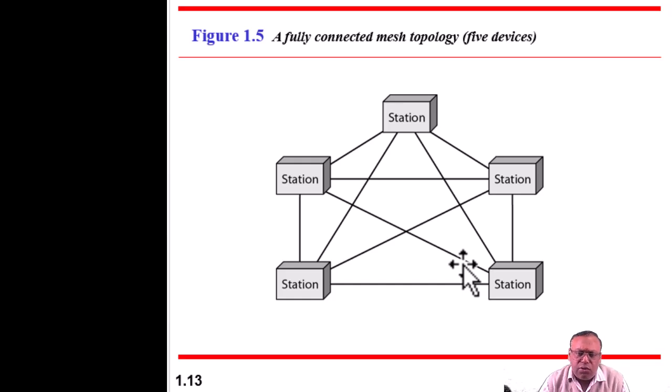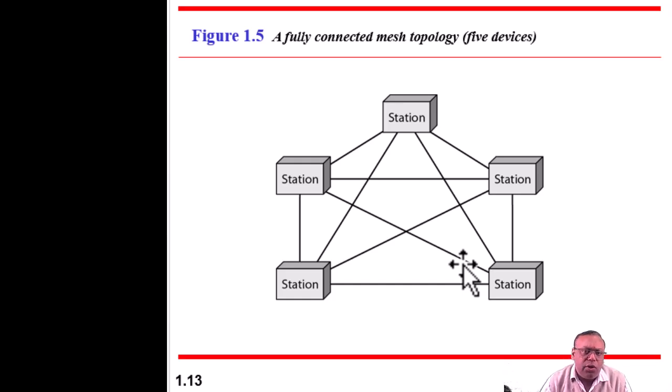This is known as the mesh topology, and it is based on the mathematical system complete graph, where we have n number of vertices and we connect each and every vertex and find out the number of connections required. The formula for that is n into n minus 1 by 2, where n is the number of vertices. The same formula is applicable for the mesh topology.